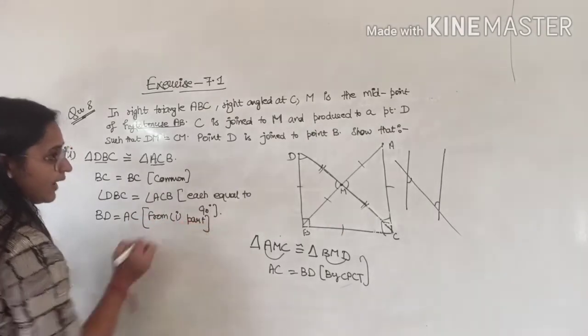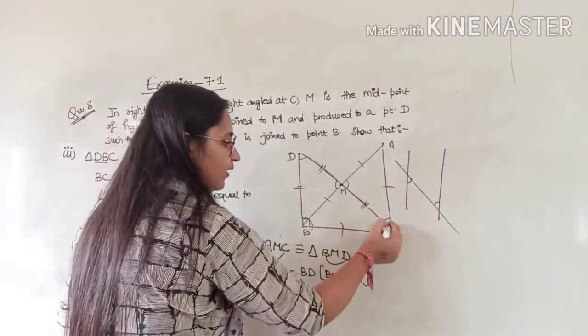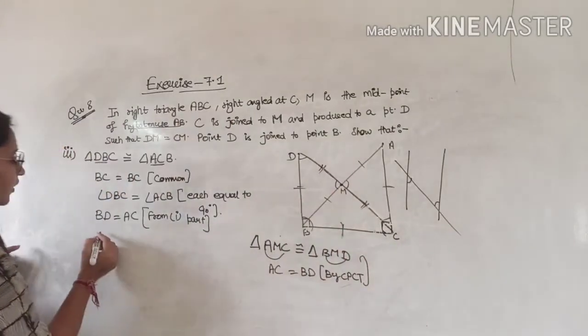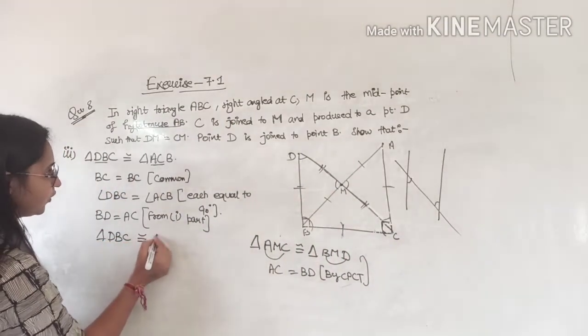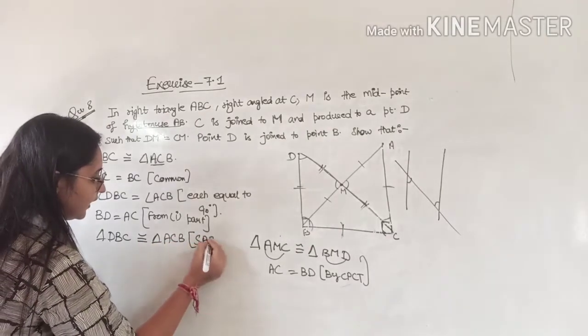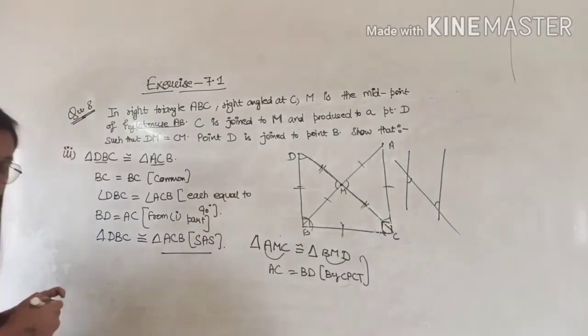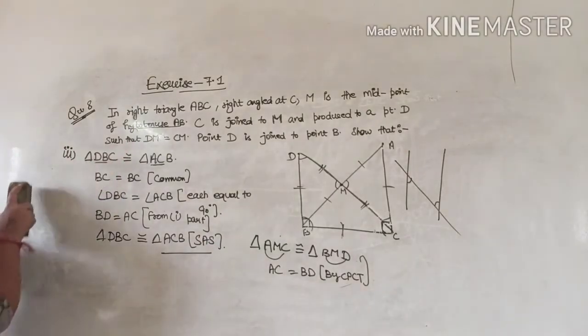So by side angle side, you can prove that triangle DBC is congruent to triangle ACB, and the reason is side angle side. You just have to use the condition from the very first part.